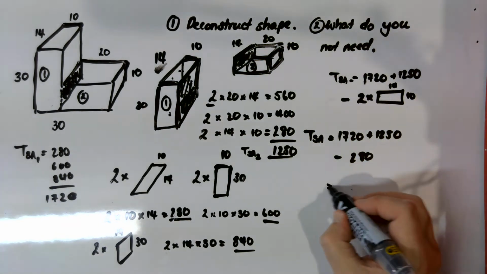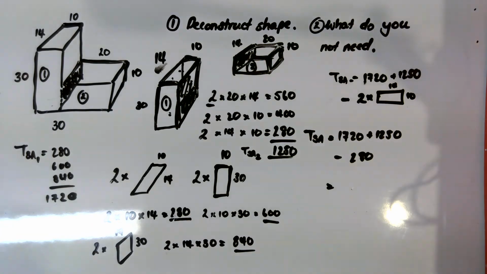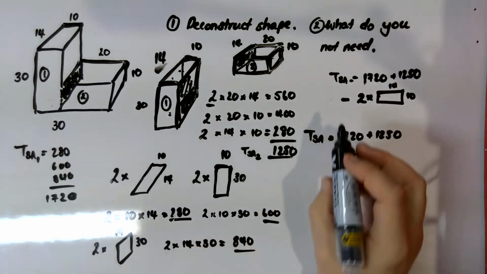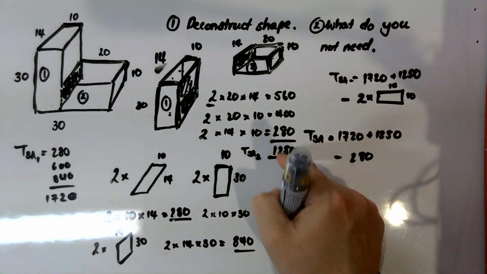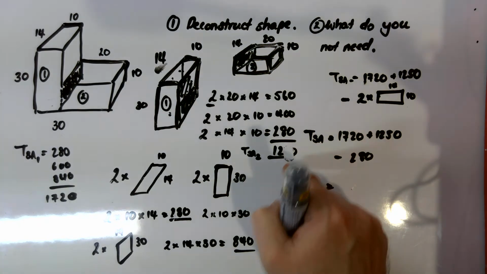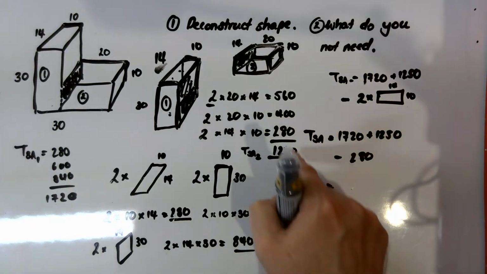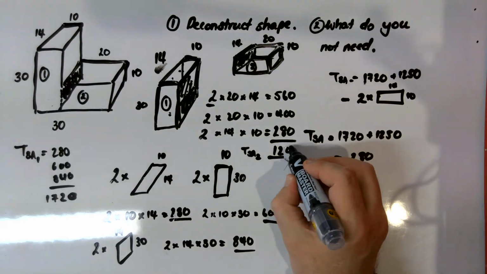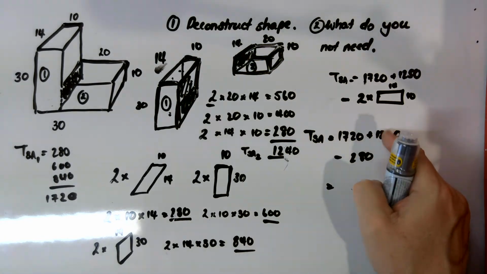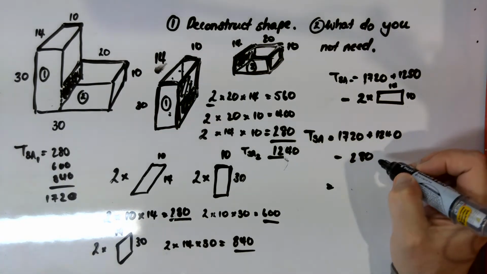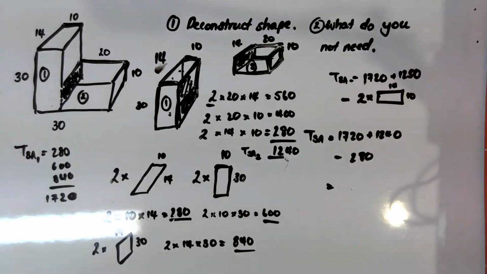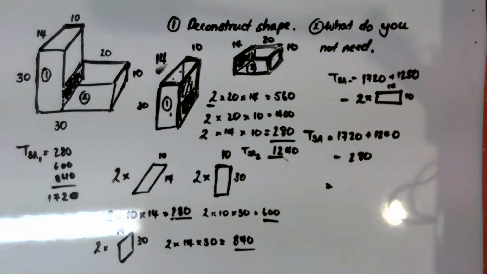And so in the end, what's our total? Sorry, it's 1240 here. There was a mistake in the calculator. So I'm just going to change that to 1240. That's why it's always important that you do things twice in your calculator, just in case you make a mistake.